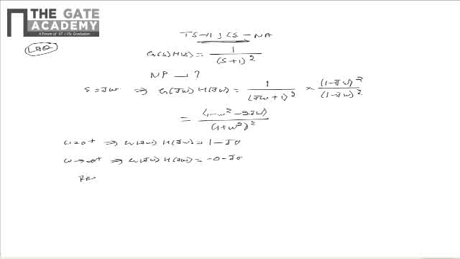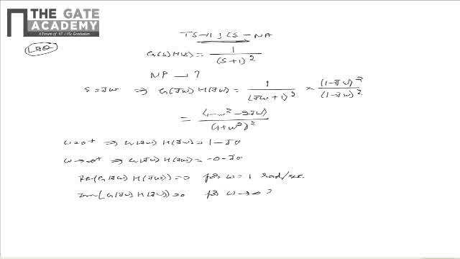Also we see that the real part of G(jω)H(jω) is equal to 0 for ω = 1 radian per second, and the imaginary part of G(jω)H(jω) is equal to 0 for ω tends to infinity radians per second.